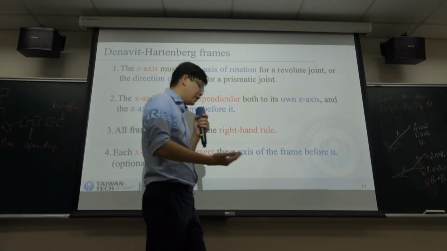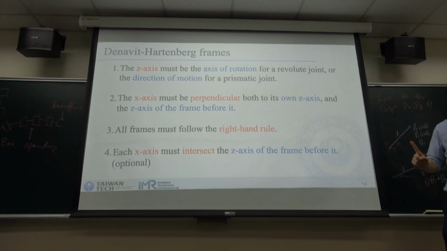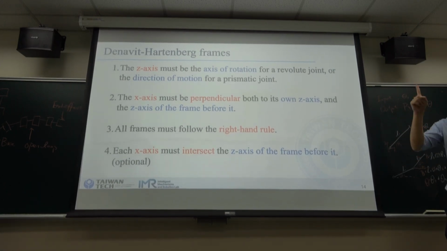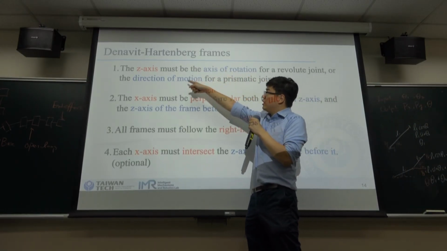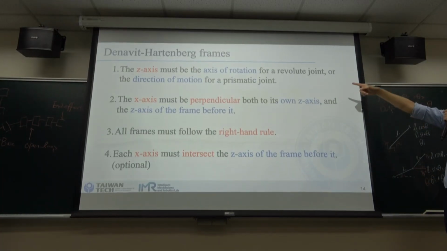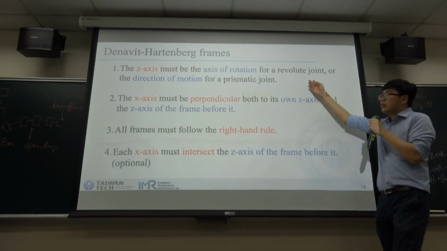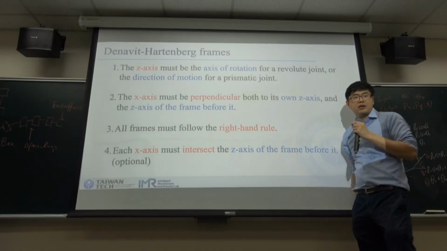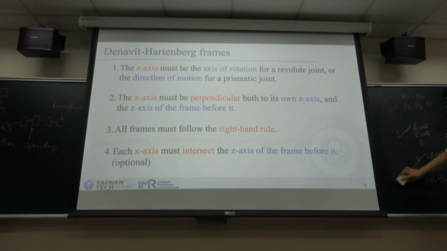From last week, we already did that all the z-axes should be collinear with the joint axis. This is the first rule: the z-axis must be the axis of rotation for a revolute joint, or the direction of motion for a prismatic joint. The first rule, I think most of you are very familiar with, is the same as last week.